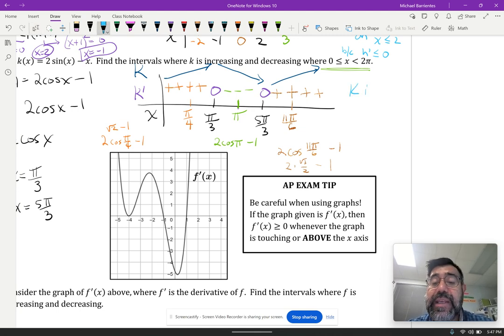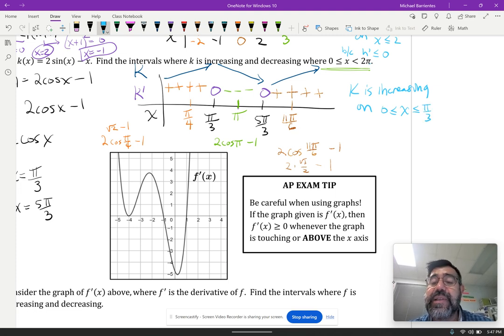So k is increasing on the interval between. Now remember, they told me that the starting point should be 0 and the ending point should be 2 pi. So x's that are between 0 and pi over 3.